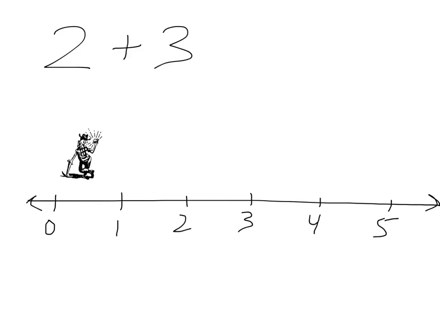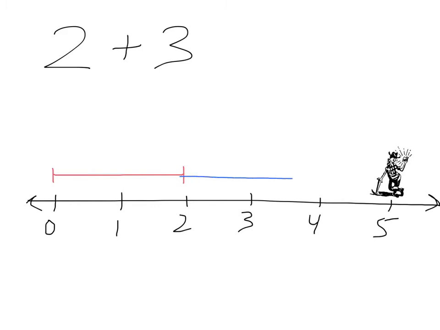And Mike the Miner always starts at 0. 2 plus 3 says take him and move him 2 spaces forward. He walks 2 spaces forward. And then the plus says he walks another 3 spaces forward. And of course he ends up at the 5. So we found out that 2 plus 3 was equal to 5.